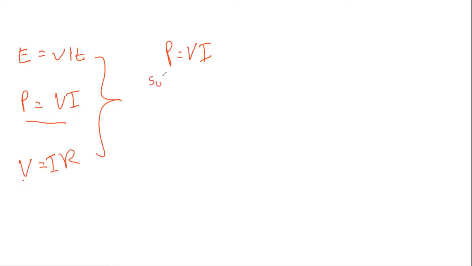I'm going to write substitute V equals IR. Let me show you what happens. I'm going to write down P equals, but instead of V, I'm going to write down IR, and that's multiplied by I at the end.